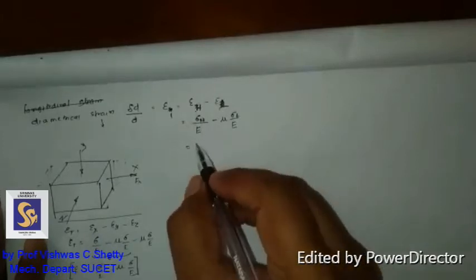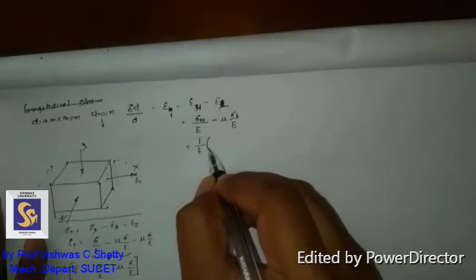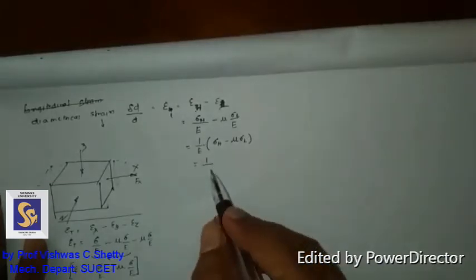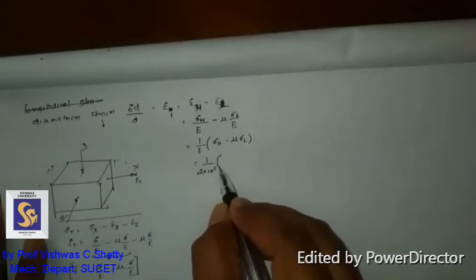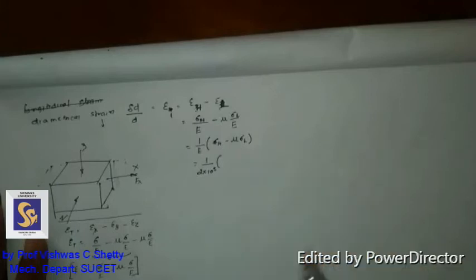So 1 by E is common here: sigma h minus mu times sigma L. Can you tell the value? What is the E value? It is given in the data. For steel, 2 into 10 power 5, correct? Sigma h, the circumferential stress, we have already calculated.